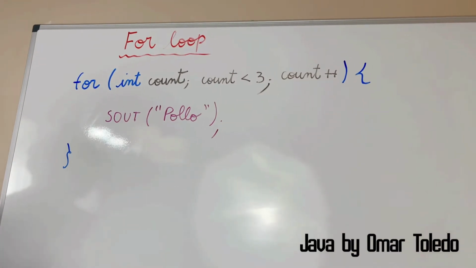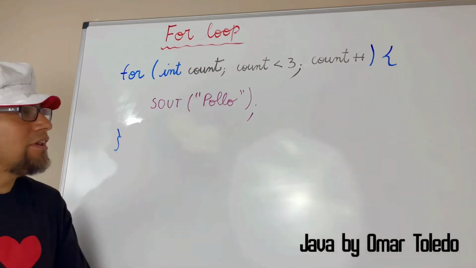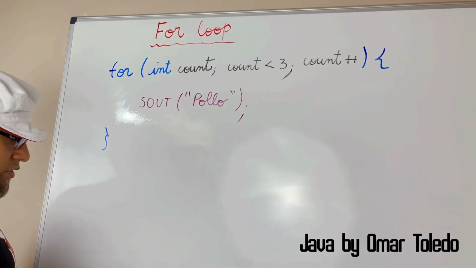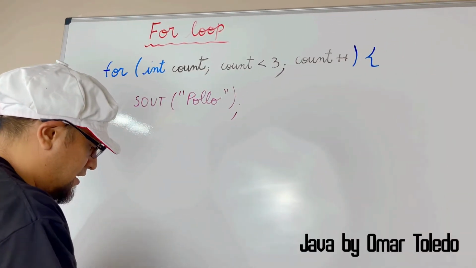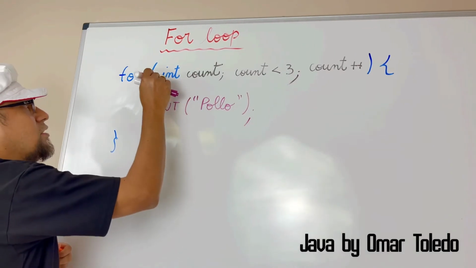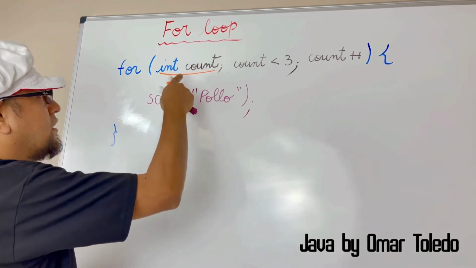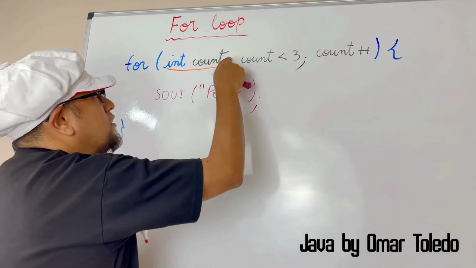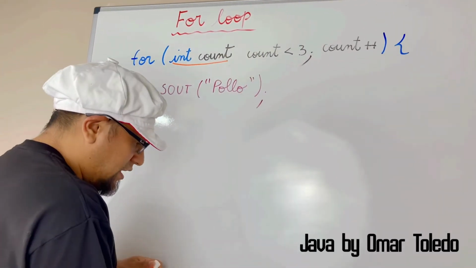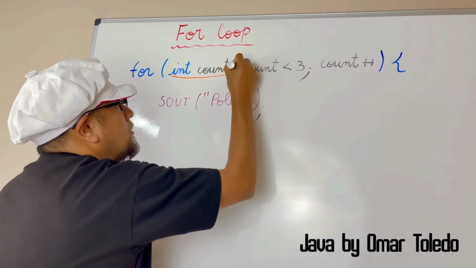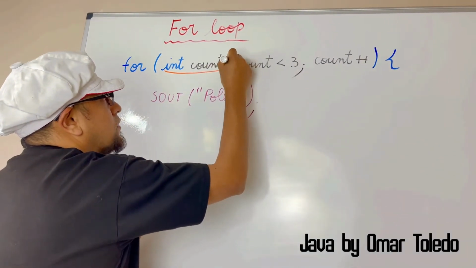So what happened here? How does the for loop work? It's going to work like this. The first thing that the for loop does is execute just one time the int count part. So at the beginning you have to give a value to count, for example count equals 0.